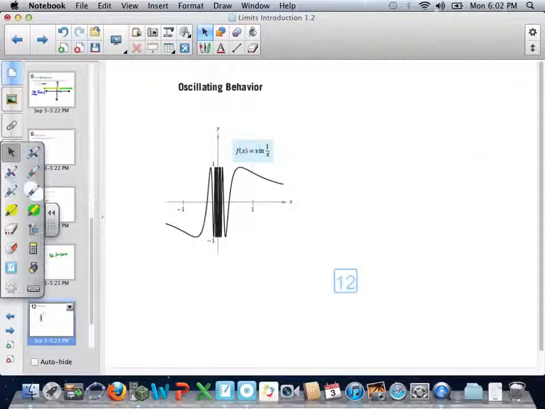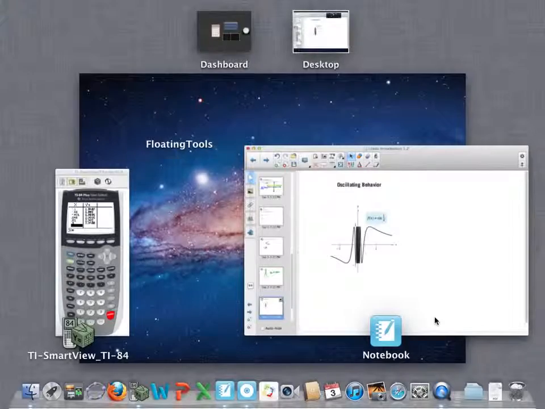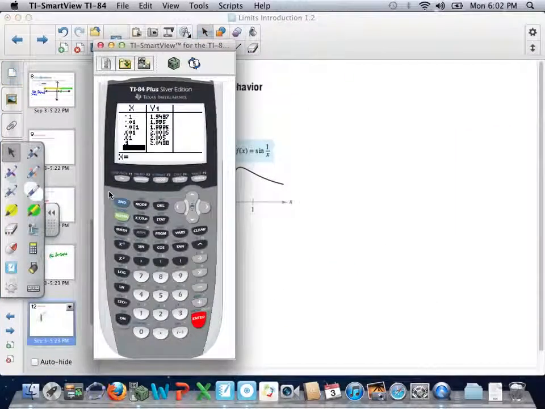And the final time when a limit does not exist is oscillating behavior. An example here is sine of 1 over x. As you get closer and closer to 0, your function is going to oscillate between two numbers. Let's take a look at this function numerically. We've got the graph there.